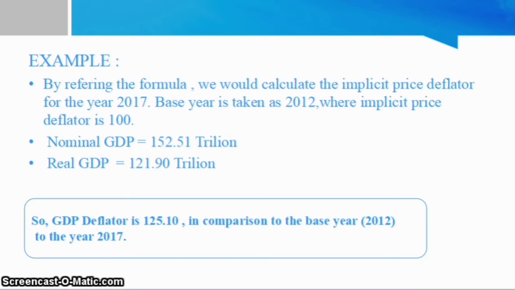So, GDP deflator is 125.10 in comparison to the base year 2012 to the year 2017. This means that the aggregate level of prices increased by 25.1% from the base year 2012 to the year 2017.